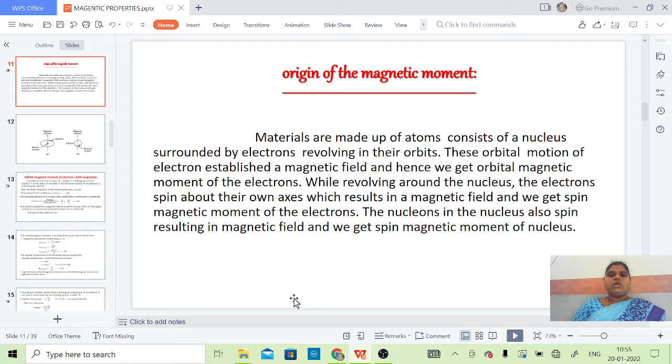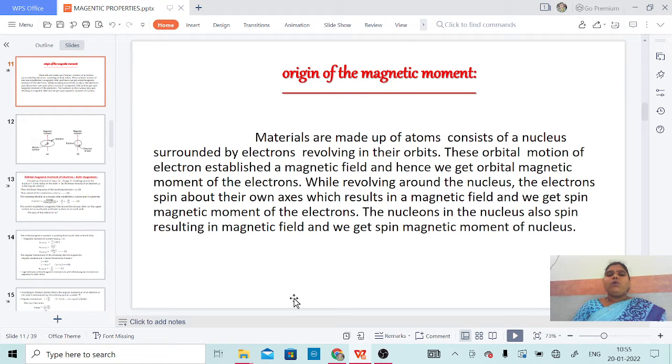In this concept, we are getting the magnetic field from three sources. One is due to the electrons revolving around the nucleus, which gives the orbital magnetic moment of electrons. Then, while revolving around the nucleus, the electrons rotate about their own axis, which results in a spin magnetic moment of electron.